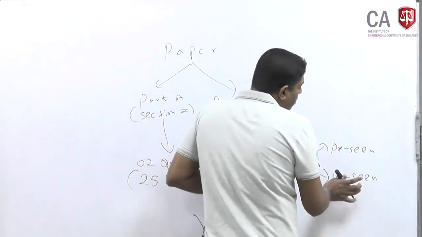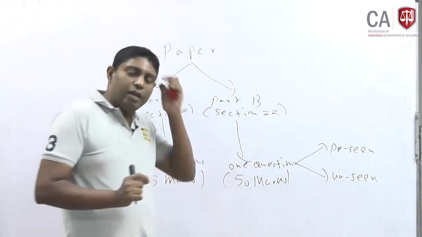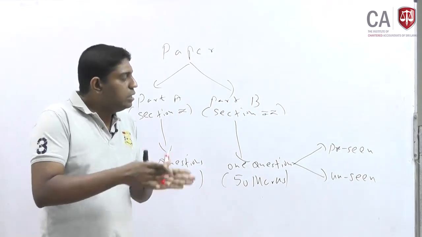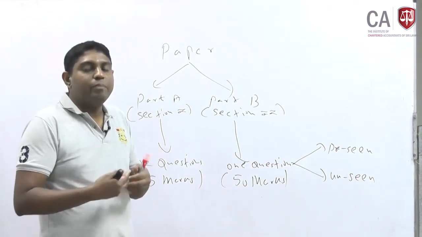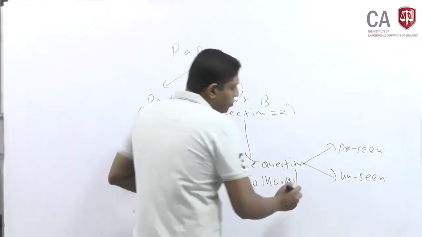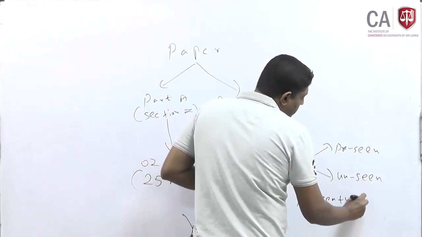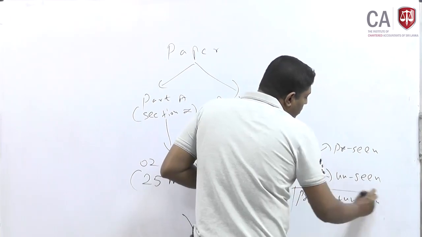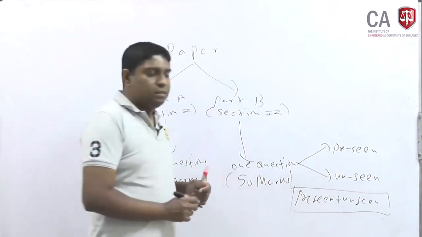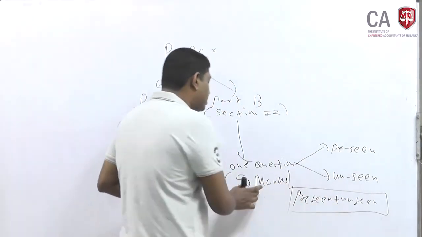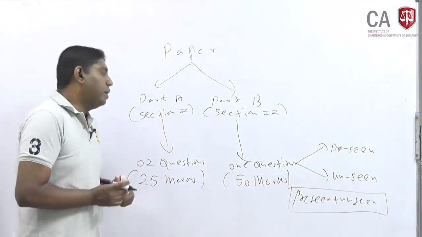Then within the exam hall, the context given in the pre-seen will be further extended by giving some additional information. So, pre-seen plus unseen, this will be broadened, then there will be some questions which cover 50 marks.